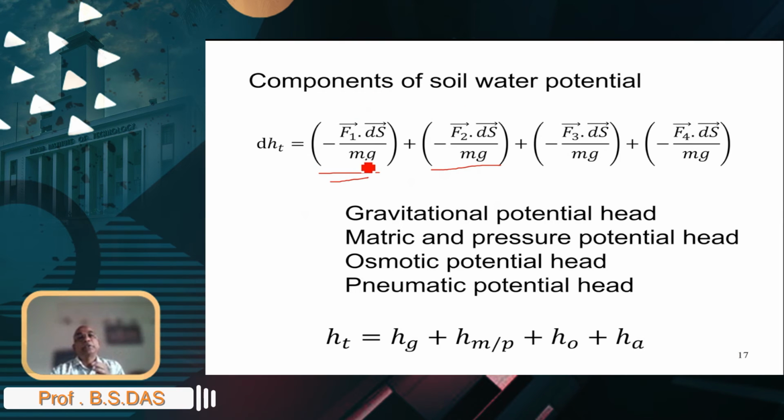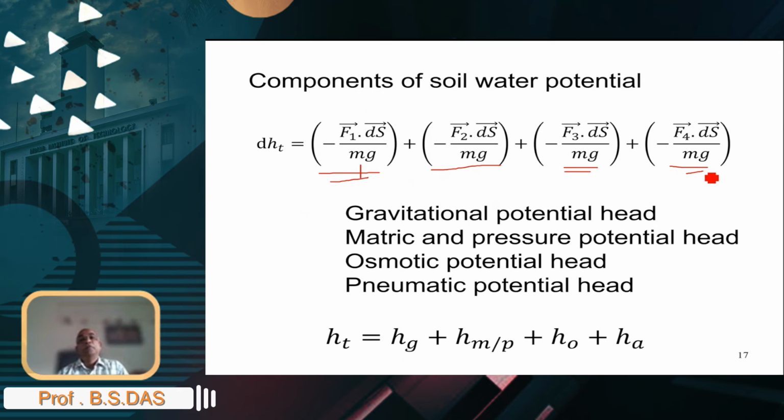This is because of the gravitational pull, and then also this is the osmotic potential head, and a fourth component we are introducing here is called the pneumatic potential. Many times also you will see that in soil there will be trapped air, which would be compressed because of the weight of the water and soil. They would also have some force acting on the water.